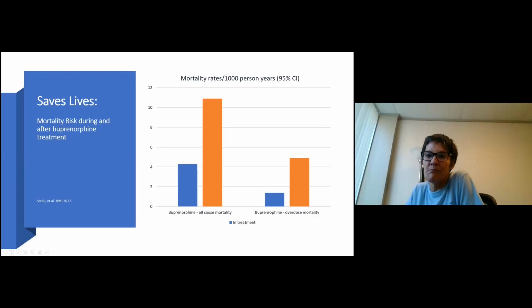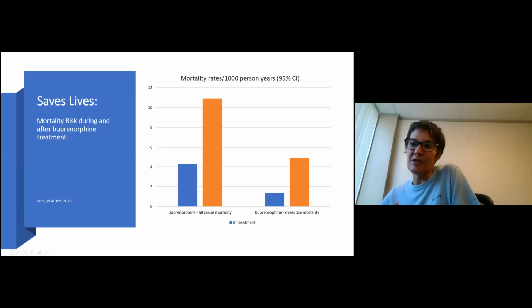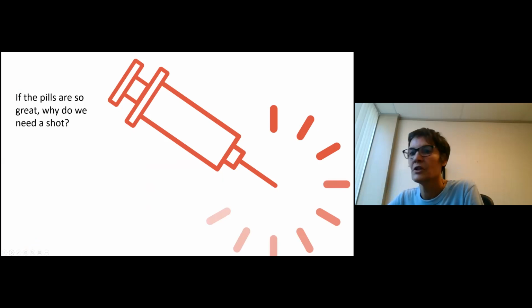So it just makes it less likely that they will die, period. On the right is overdose mortality. It has an even more remarkable effect in terms of dying from overdose. So it is an absolutely life-saving medication, in addition to keeping people in treatment and in addition to decreasing illicit drug use. So it's awesome.